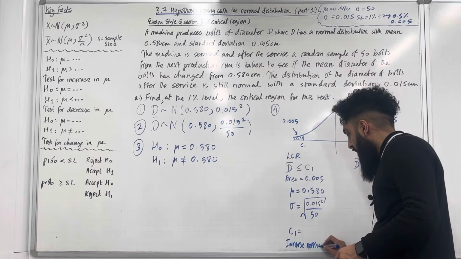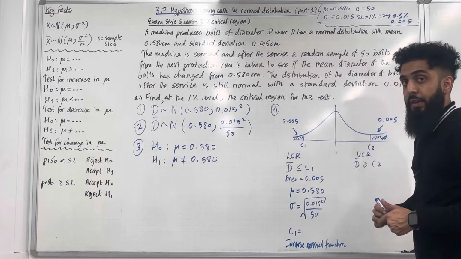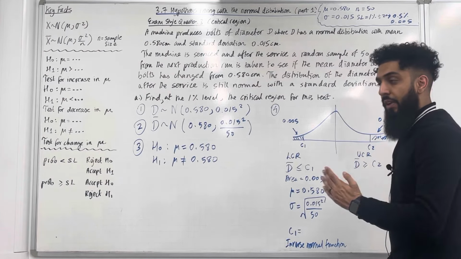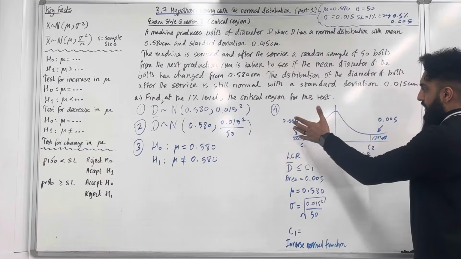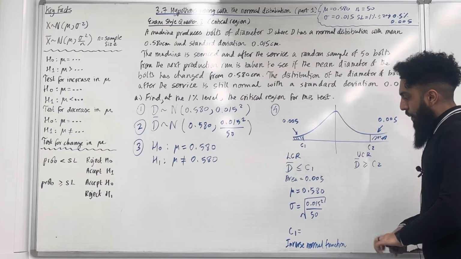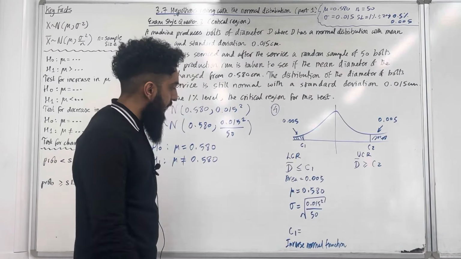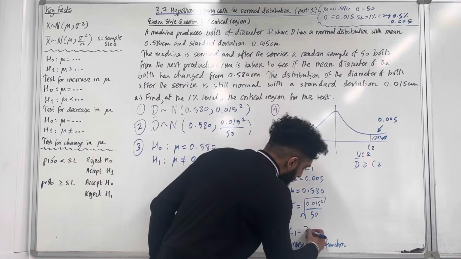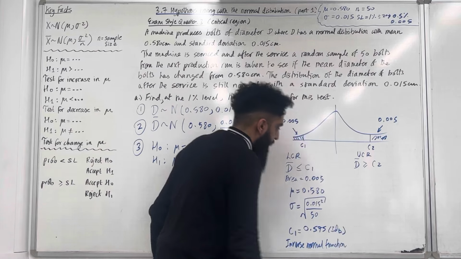Now to calculate C1, we have to use the inverse normal function on our class calculator. Please remember, the inverse normal function is only used for the area to the left. This area to the left is given, so it's 0.005. Now, if I use my calculator, and specifically the inverse normal function, I get that C1 is equal to 0.575 to 3 decimal places.